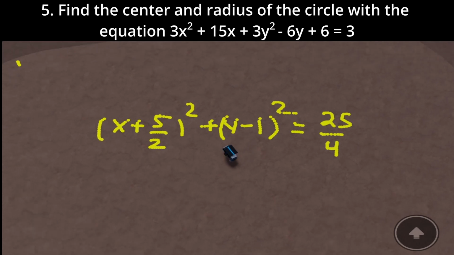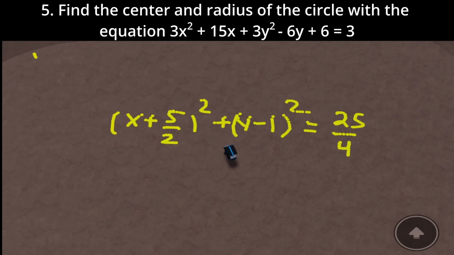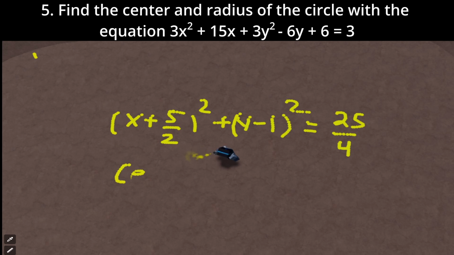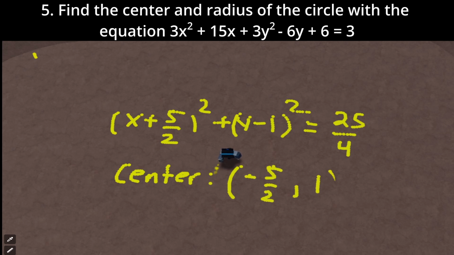Alright, so now we're ready to get the radius and the center of this circle. For the center, you just take the numbers inside the parentheses and you flip them. So plus 5 over 2 becomes minus 5 over 2. Minus 1 becomes plus 1. So our center is minus 5 halves, comma 1. And for the radius, all you need to do is take your r squared, that's 25 over 4, and take the square root of it.